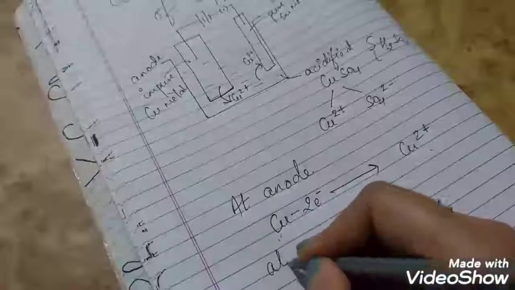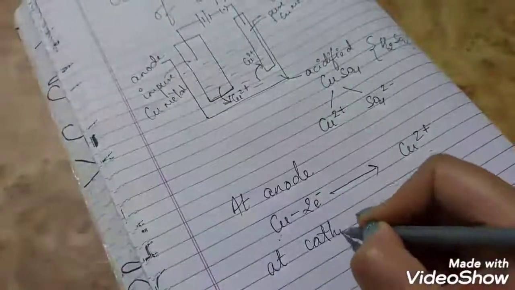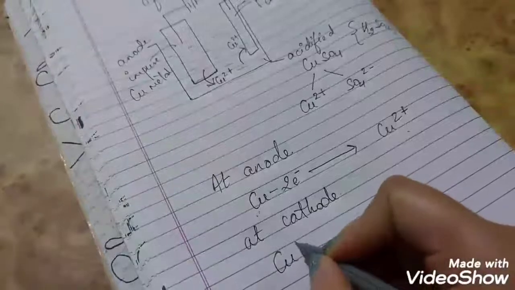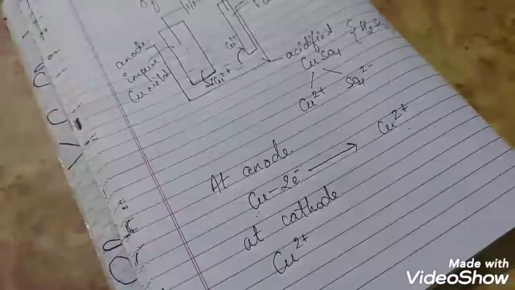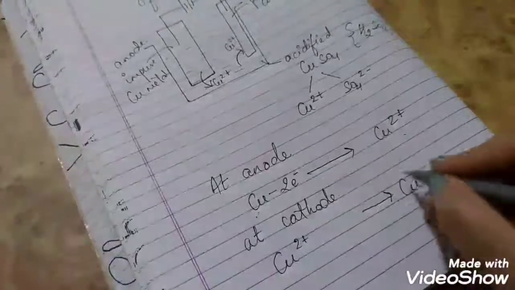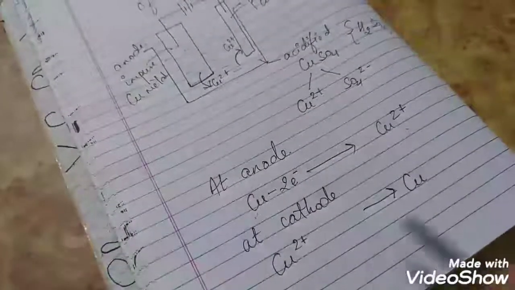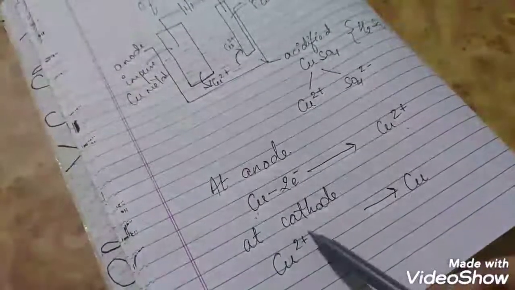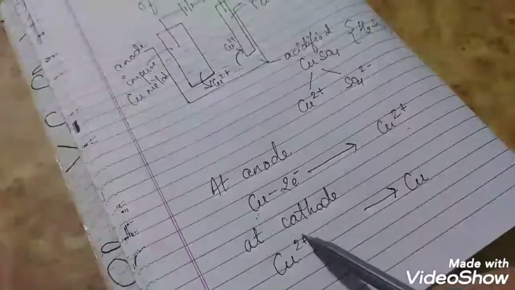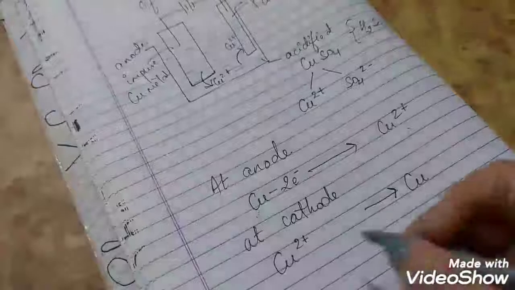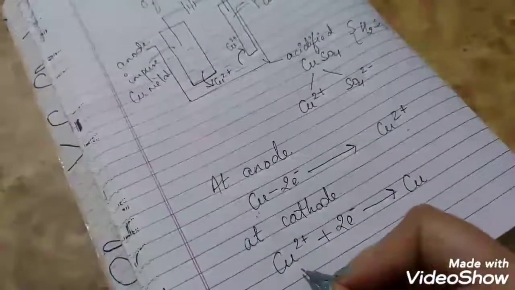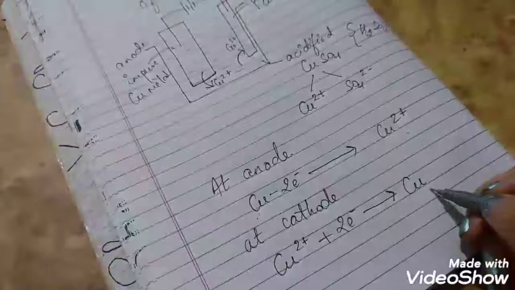So at cathode, what is happening? These ions are coming at cathode. Now it has to convert into copper metal. So what is required to convert into copper metal? There is a lack of 2 electrons. That means the cathode will provide these 2 electrons to the copper ion so that it can convert into copper.